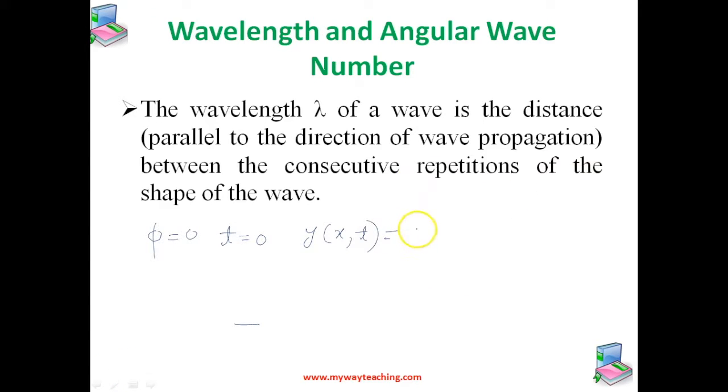That equation was a sine kx minus wt plus phi. So at phi is equal to 0 and t is equal to 0, the displacement will become y of x,t is equal to a sine kx, isn't it?